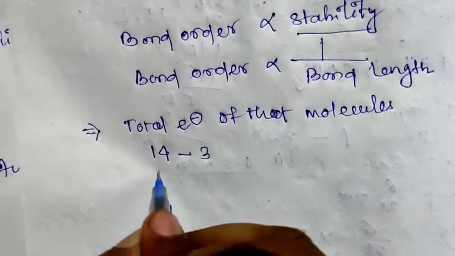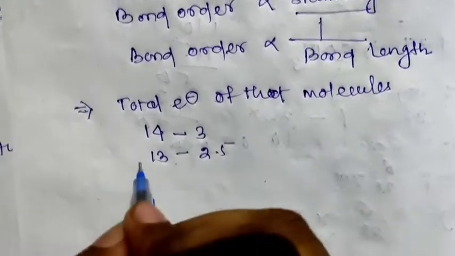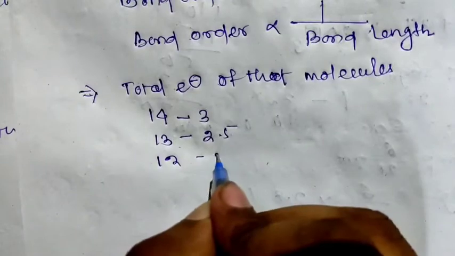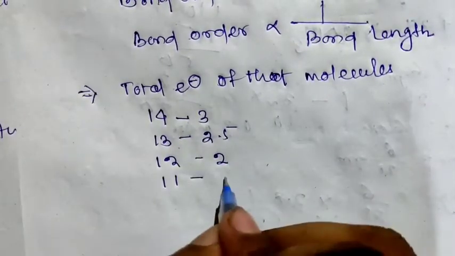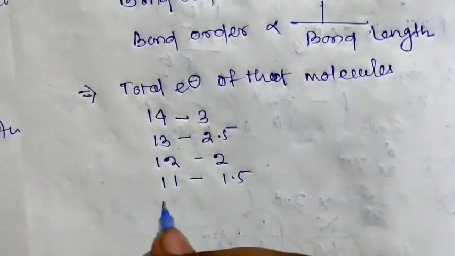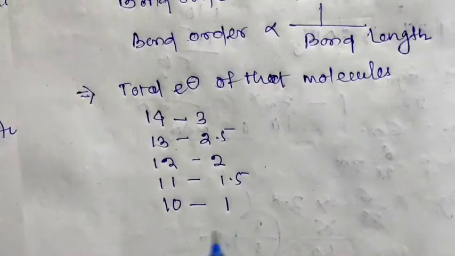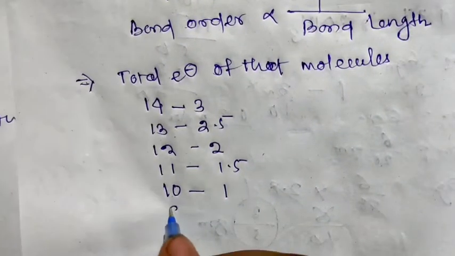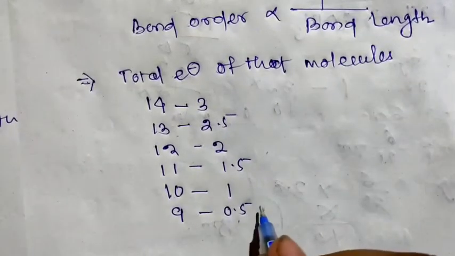If the total electron is 13, then the bond order is 2.5. If 12, then the bond order is 2. 11, then 1.5. 10, then 1. If it has 9 total electrons, then it has 0.5 bond order.